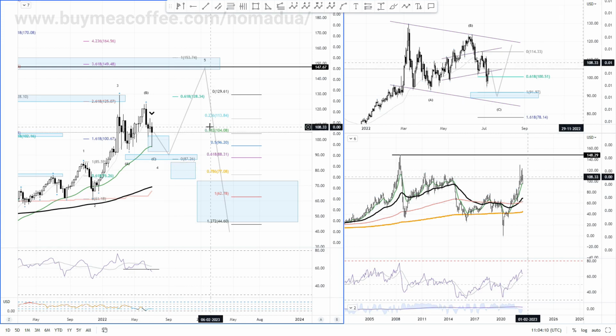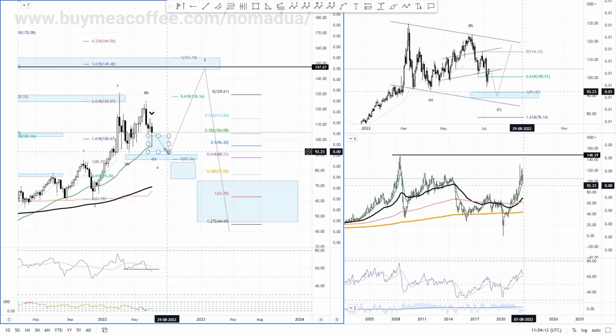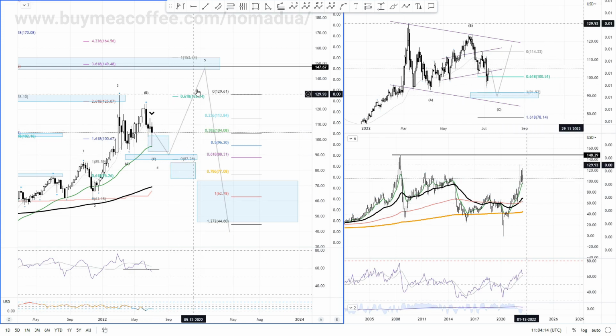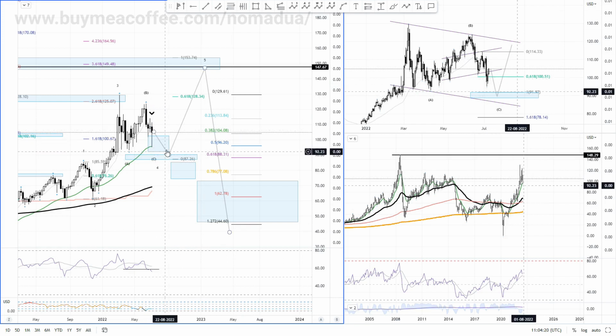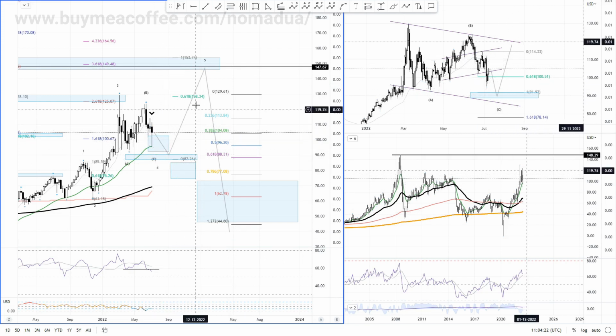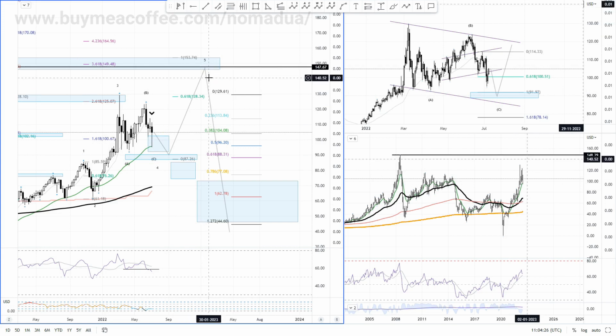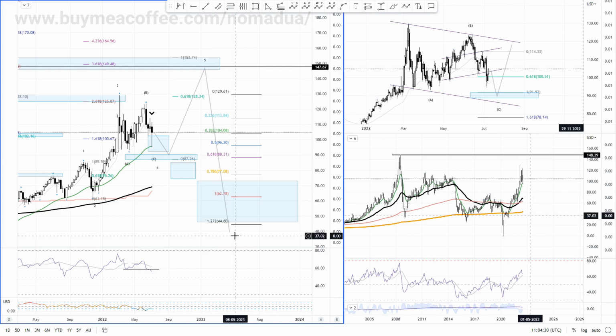That's why I drew this estimation line. So I expect a fall down, then a rise to the area of 145, 147, and then a fall because of recession.